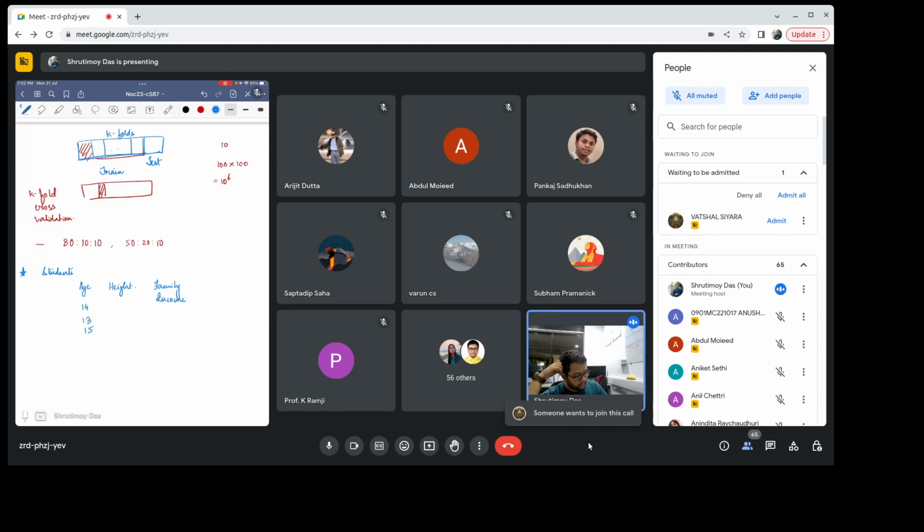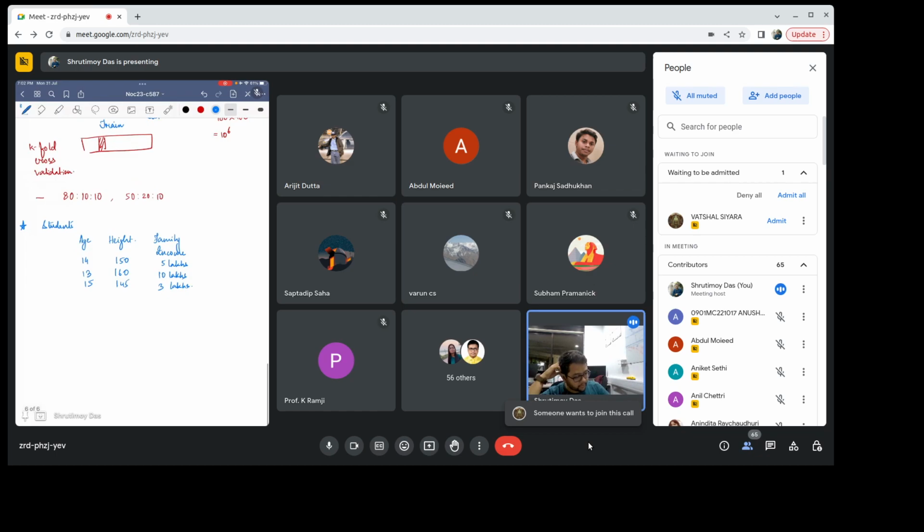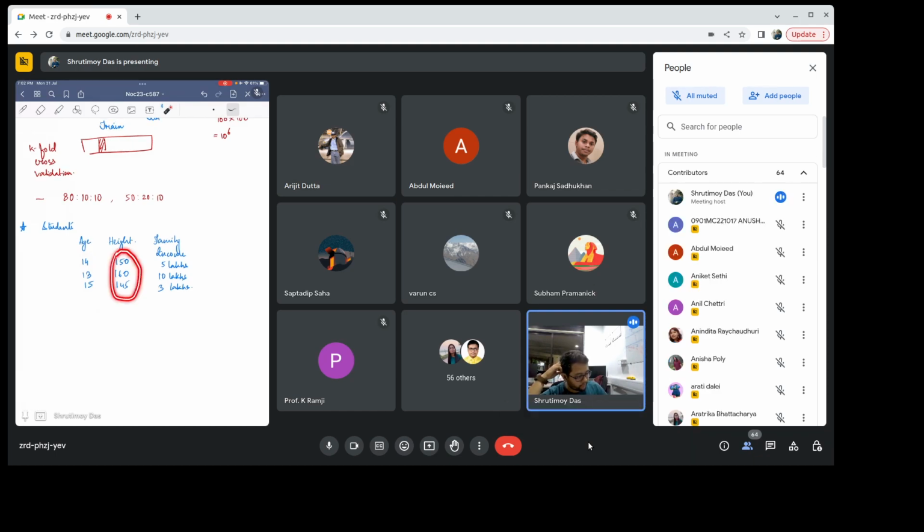Height can be like 150, 160, 145. And family income can be say 5 lakhs, 10 lakhs, maybe 3 lakhs or something like that. You see for this feature, the range of values is in tens, like 14, 13 and 15. For this feature, the range of values is in hundreds and this range is in lakhs.